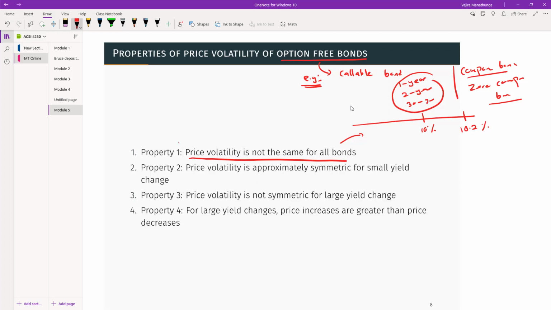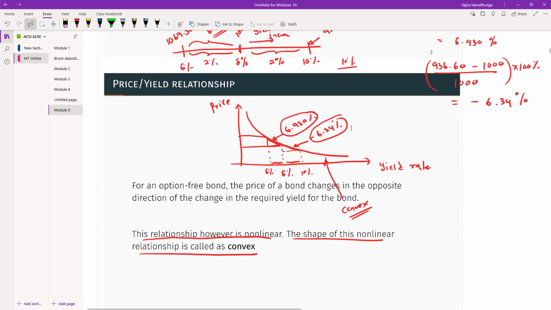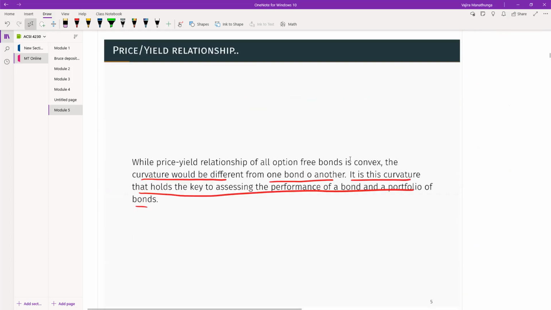So price volatility is not the same for all bonds, and it's not the same percentage. Like in here, we calculated the price change for that bond was 6.34 when it went from 8 to 10. But this is only for that particular bond. If you get another bond with different properties, when the rate goes from 8 to 10, the price change would be a different number, not 6.34.